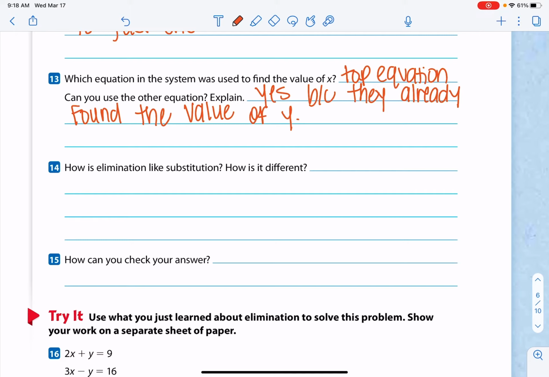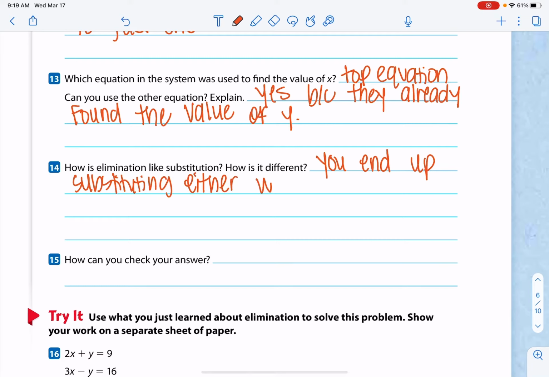All right, number 14, how is elimination like substitution? You end up substituting either way. And then how is it different? Well, you might have to multiply in order to get to that substitution step. So that's how it's different.